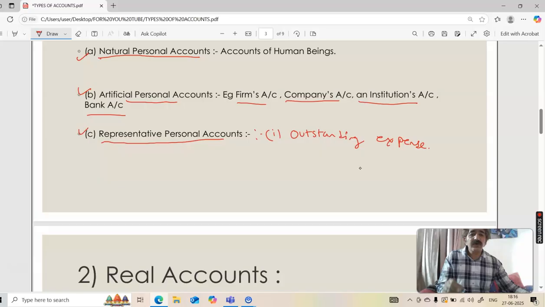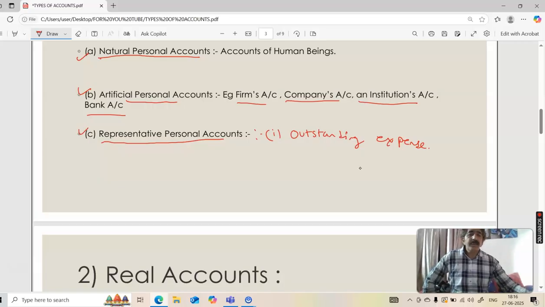Why is this a personal account? Because it is representing the right of Uttarakhand Electricity Board to receive the electricity bill amount from me. And what is Uttarakhand Electricity Board? It's an institution. So basically, in my example over here of electricity bill which is due, it is representing an artificial personal account, like an institution.